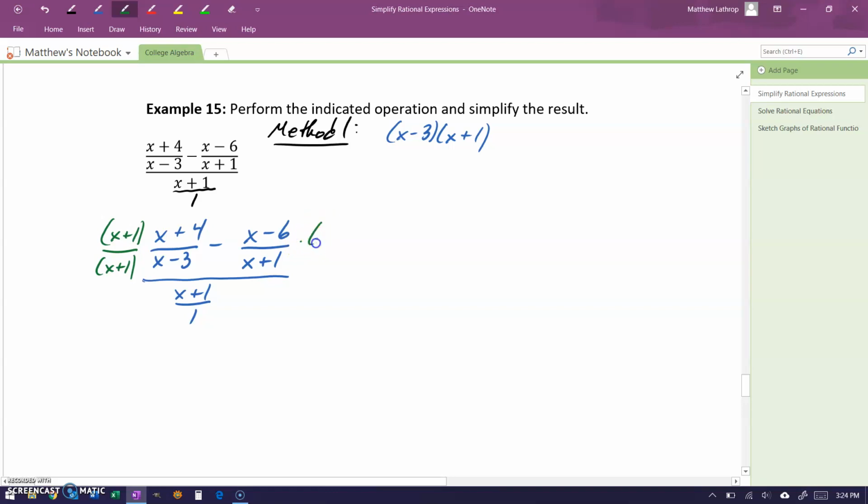In the second term, we'll be multiplying by x minus 3 over x minus 3. And then since the expression in the denominator doesn't have either of those expressions in its denominator, we'll multiply by x plus 1 over x plus 1 and x minus 3 over x minus 3.